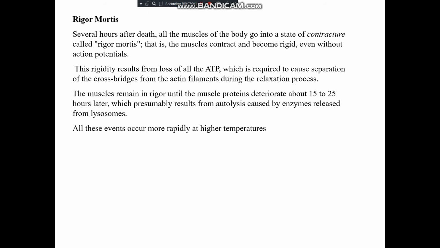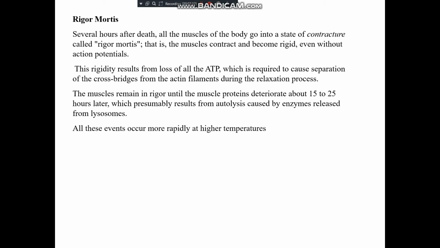Here I would like to introduce one more terminology, that is rigor mortis. This is observed after a few hours of death, usually 15 to 25 hours after death. What happens is all the muscles of the body go into the state we call contraction. All muscles will contract after the death.